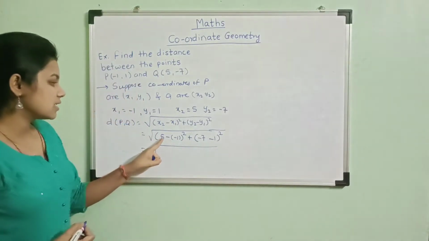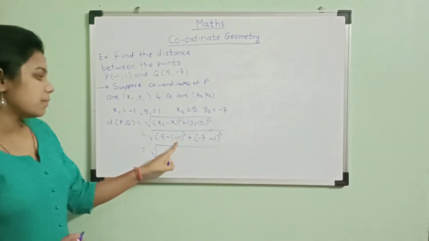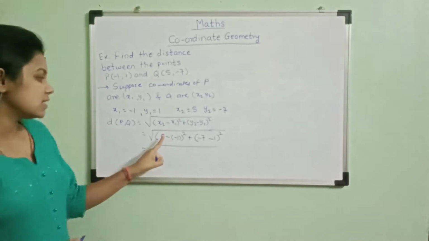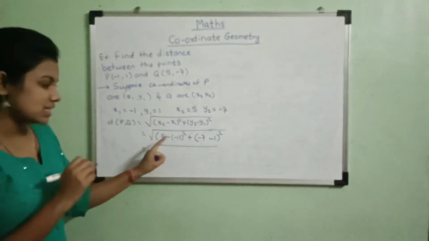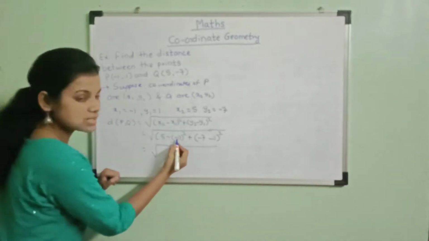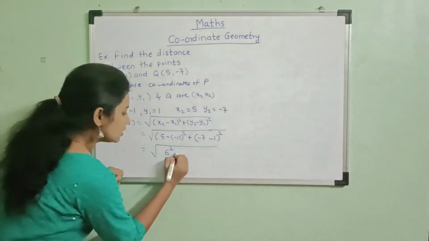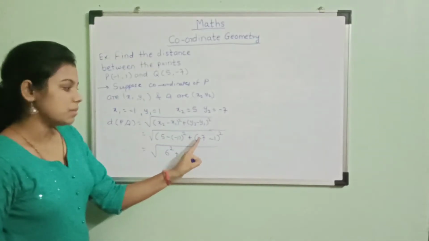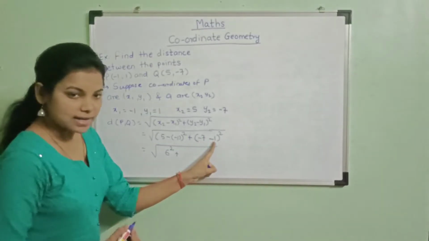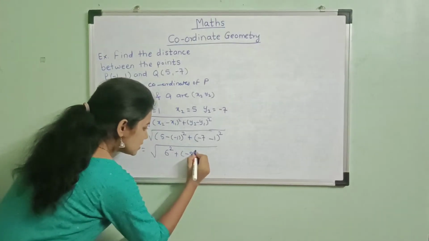Then what you will get is 5 minus minus 1, which is 6 square, because minus minus will get plus. Then minus 7 minus 1 is minus 8 and just minus 8 square.